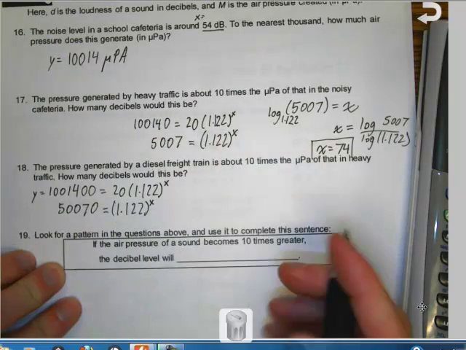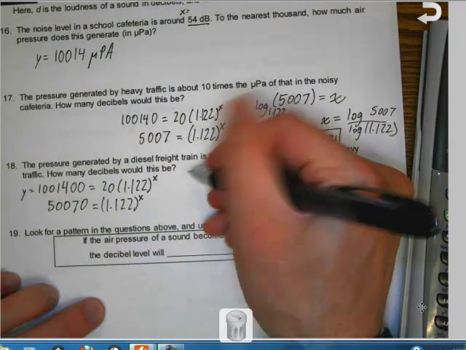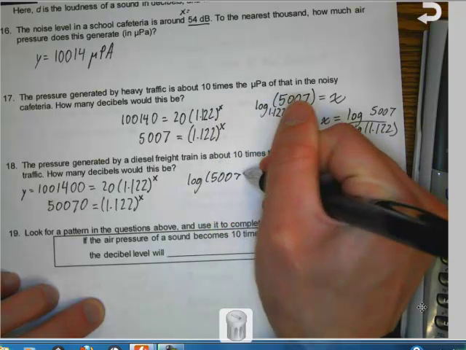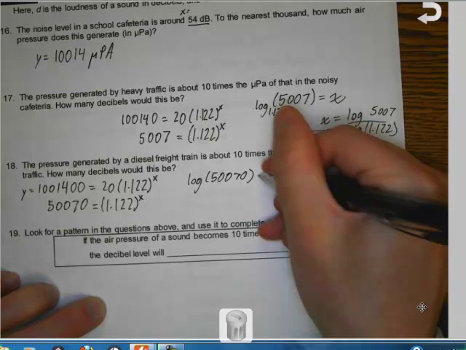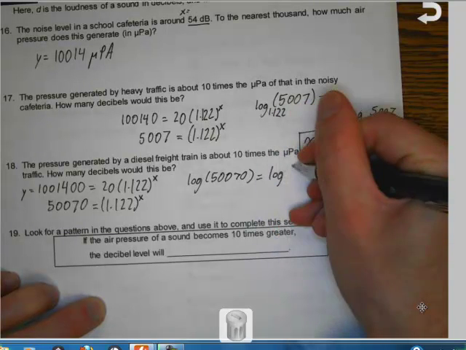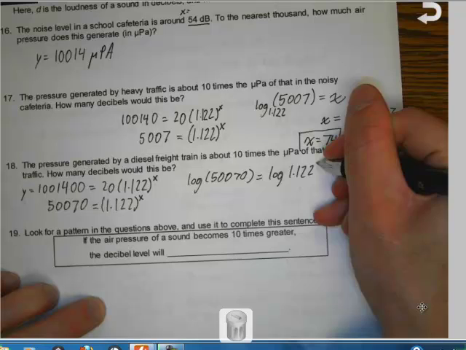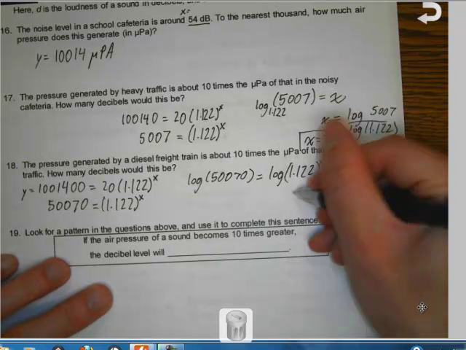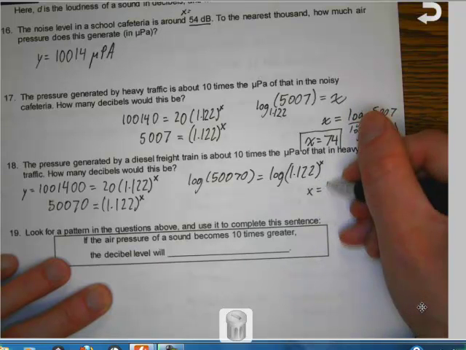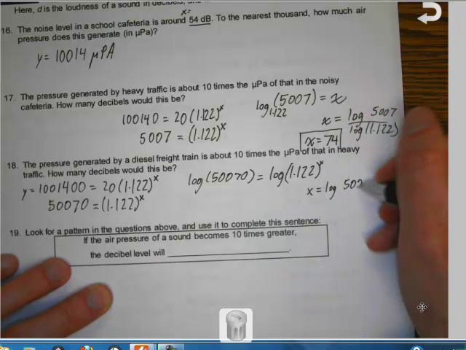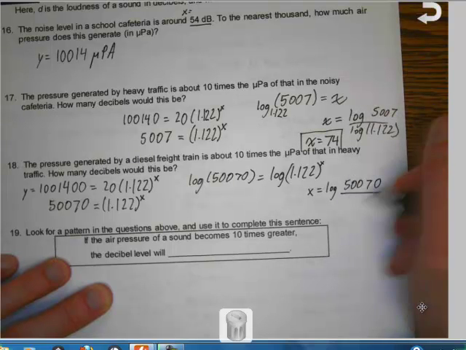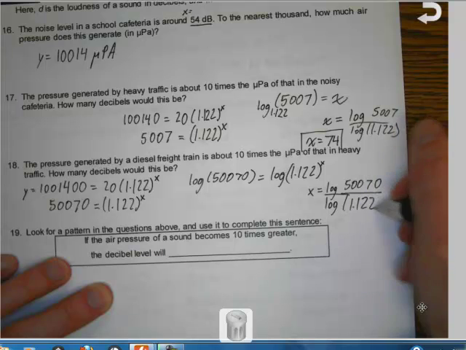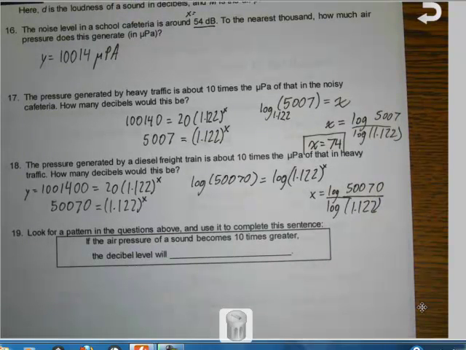We're going to take the common log of both of these. So we have the log of 50070 is equal to the log of 1.122 to the x. X is therefore equal to the log of 50070 divided by the log of 1.122.